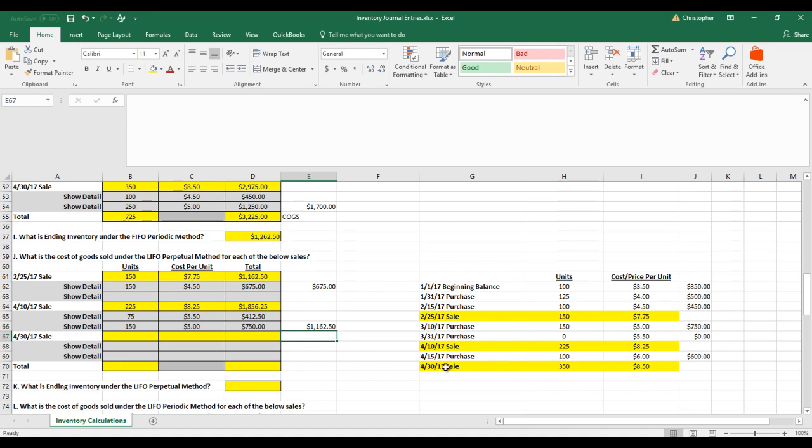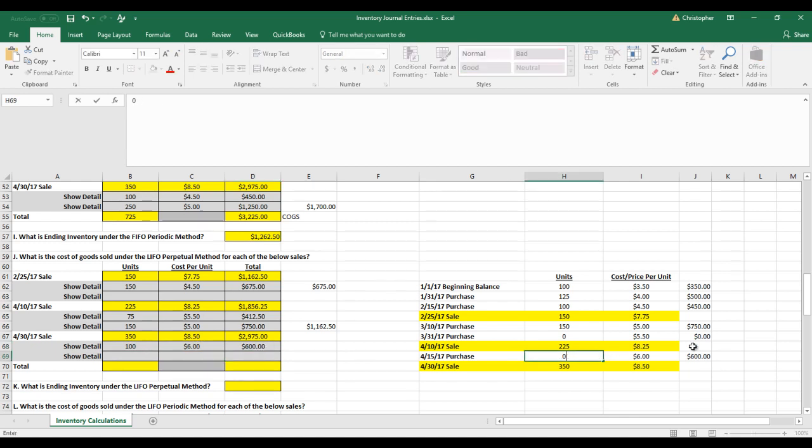Now we're at the 430 sale. 350 units at $8.50 apiece gives you $2,975. Again, we have a new last layer, 415. We now have 100 units there we can use up at $6 per unit, $600.